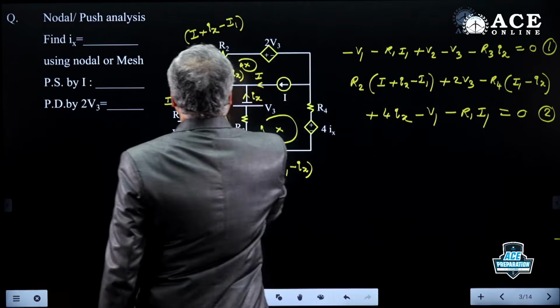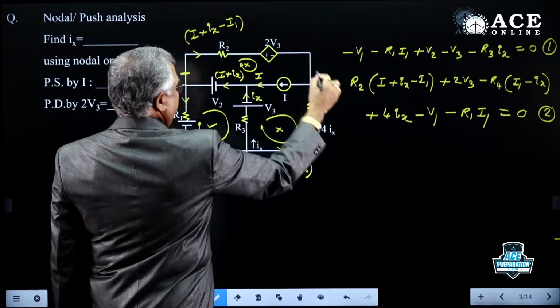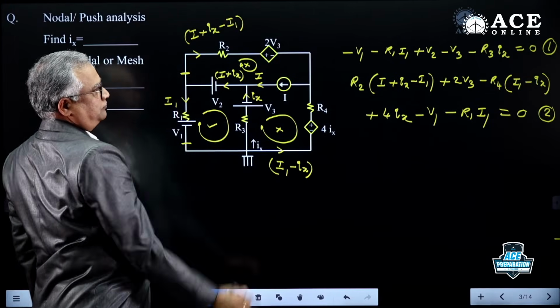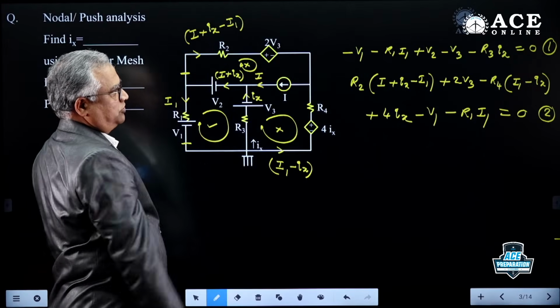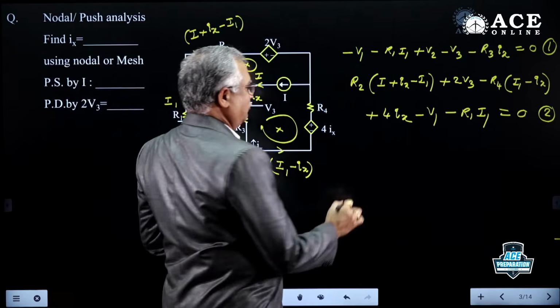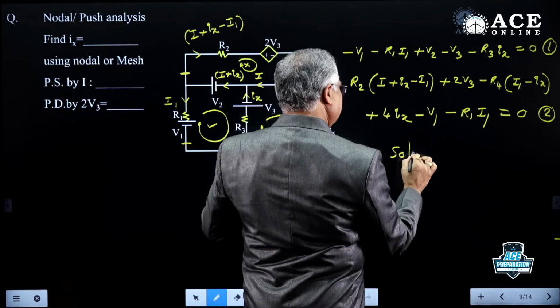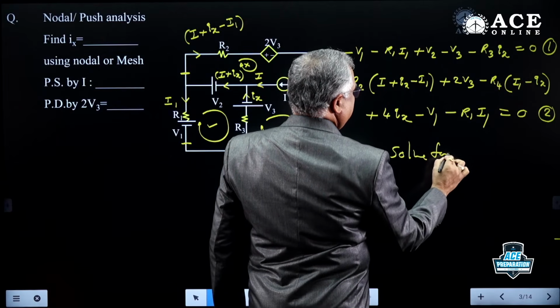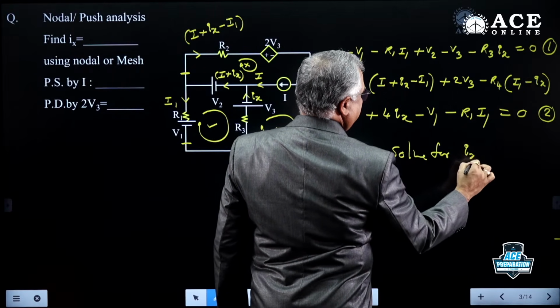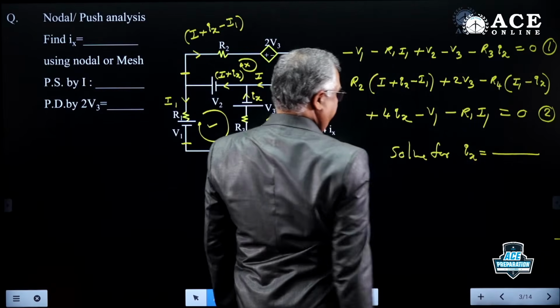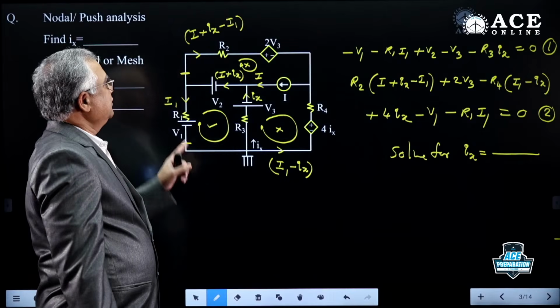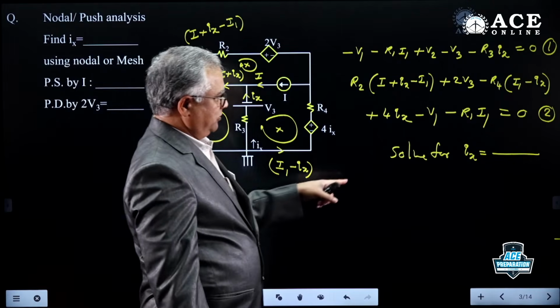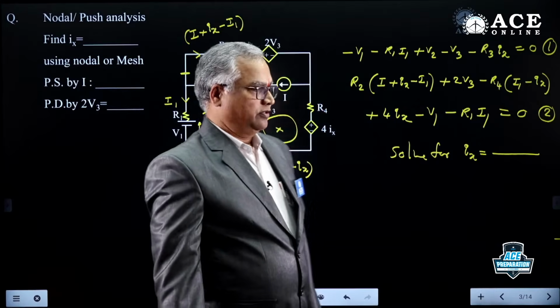In the second equation I started here and came back to the same point. The algebraic sum of the voltages in the loop is equal to 0, and solve for Ix. Here I have taken R1, R2, R3 like that. If numericals are given, you can easily find Ix.